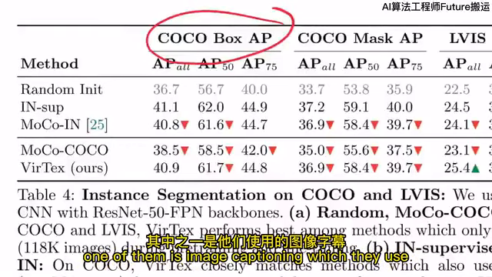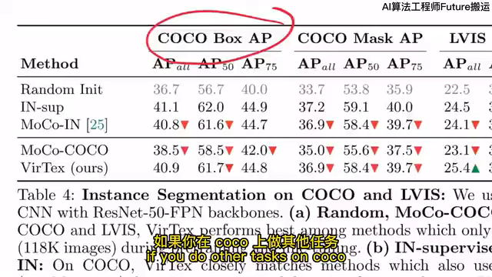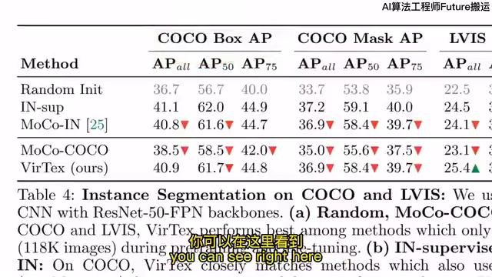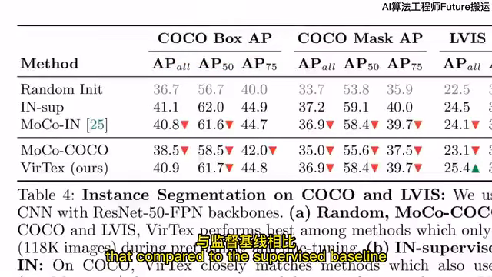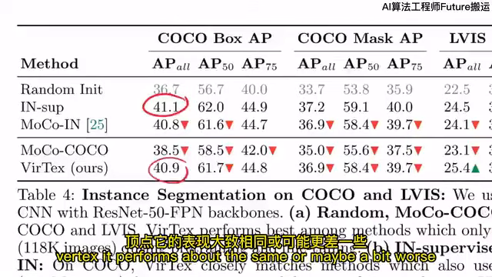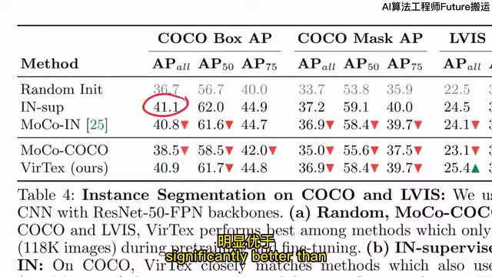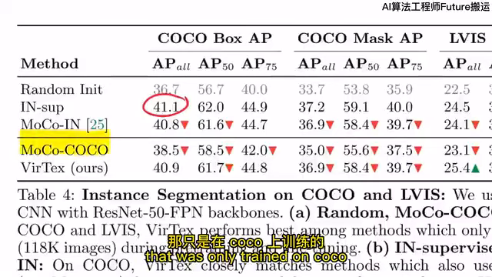One of them is image captioning, which they use for pre-training. If you do other tasks on COCO, you can see right here that compared to the supervised baseline, this VirTex performs about the same or maybe a bit worse. But what you can see is it performs significantly better than, for example, MoCo that was only trained on COCO.